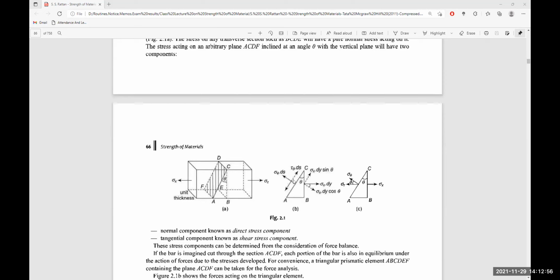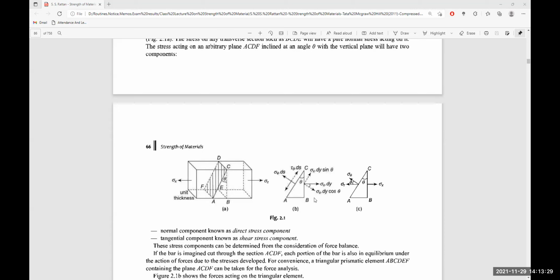We have assumed that this particular longitudinal bar has unit thickness. It has length and width and 1 unit thickness, which means it is like a piece of paper. If we take this portion of the bar ACB, it will look like a triangle, as shown in the figure. So this triangle or element of the bar is subjected to a tensile stress sigma x along the x-axis.